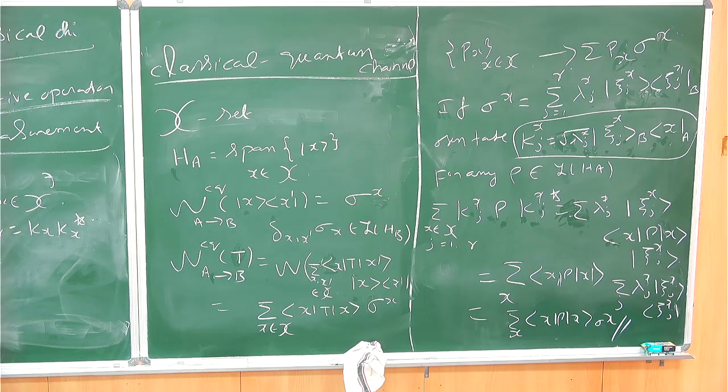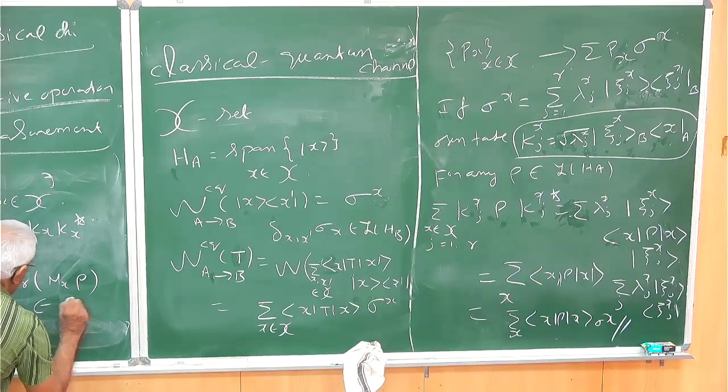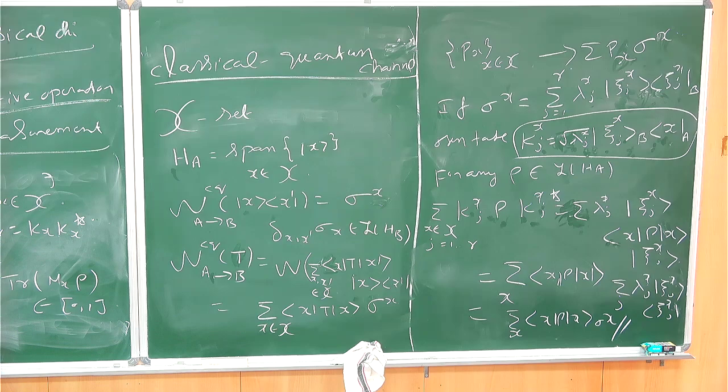So the probability of this set x is the trace of Mx rho. That's all. This is positive, so this gives the number which is between 0 and 1. And if you take the sum of these probabilities over x, it will be 1, because trace of rho is 1 and Mx add up to 1.